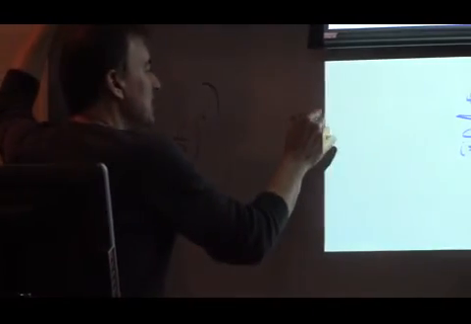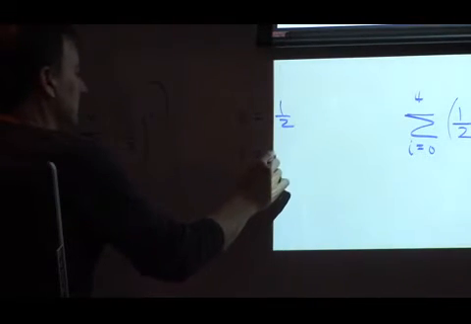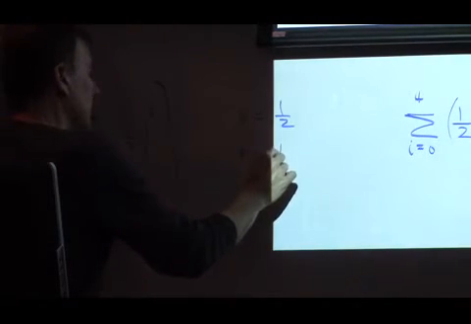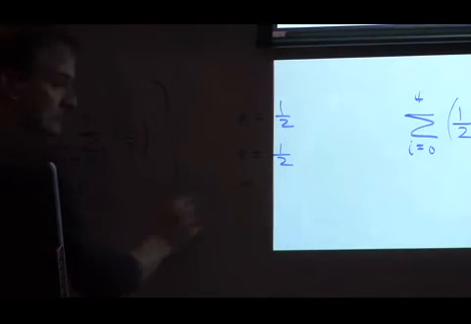So let's not worry about the limit until we solve the summation. What we're going to do is determine the first term. 1? No, 1 over 2. So A is equal to 1/2. What's the ratio? 1/2. And what's the number of terms? n.